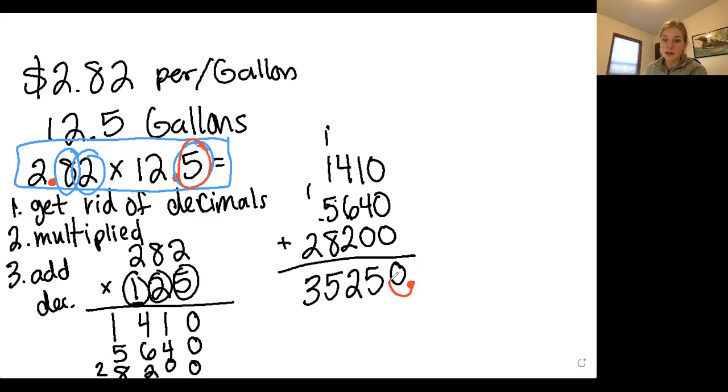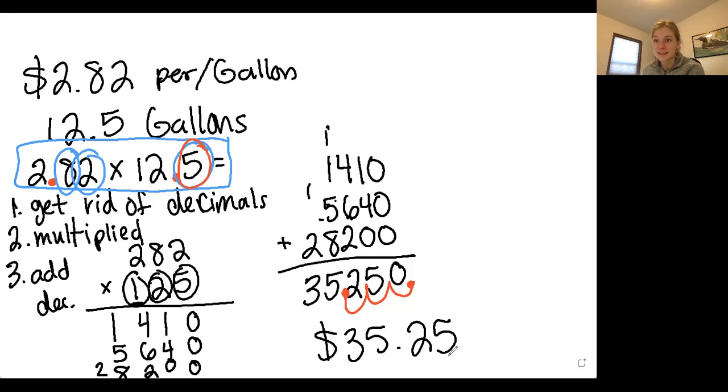So we have 1, 2, 3. So my total is $35.25. That is what I owe. So I'm gonna have $4.75 to maybe go buy some candy inside the gas station.